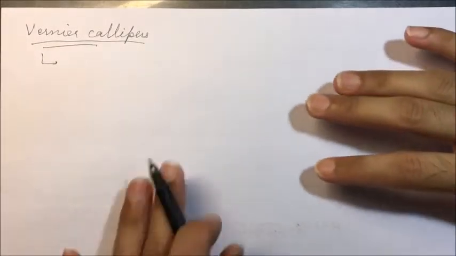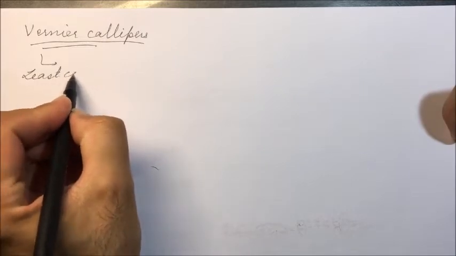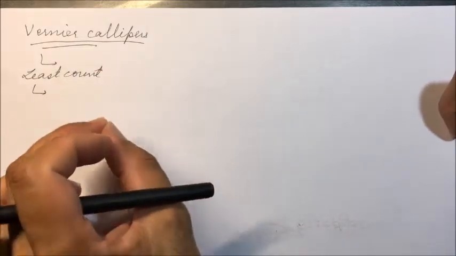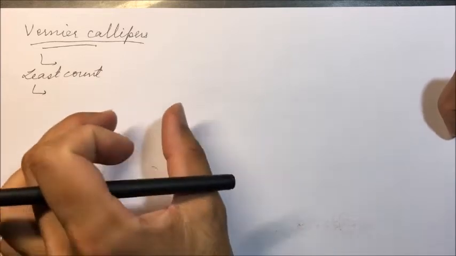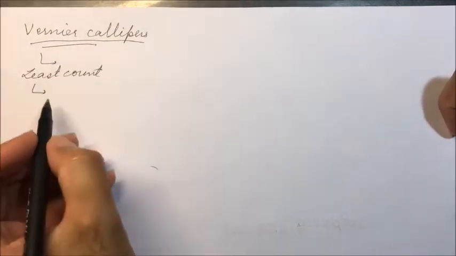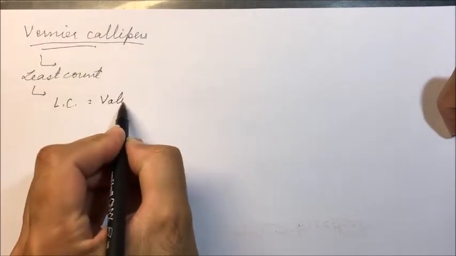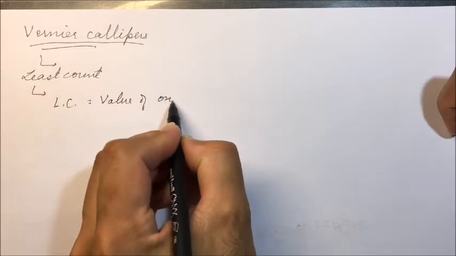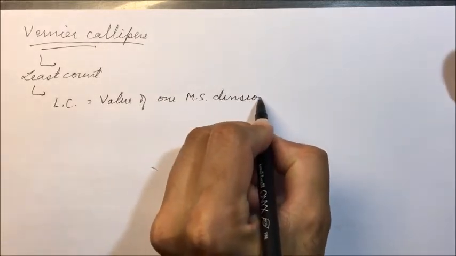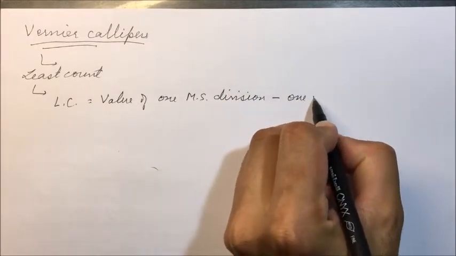Now we will be discussing the least count once again. Least count, as we have discussed, is the difference between the value of one main scale division and one vernier scale division. So the value of least count is equal to the value of one main scale division minus one vernier scale division.